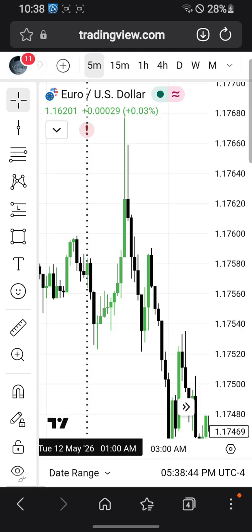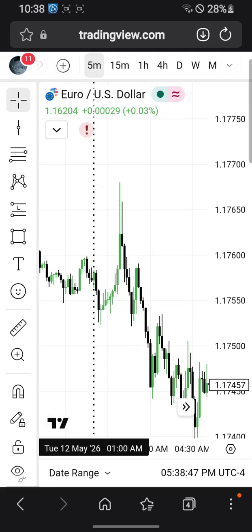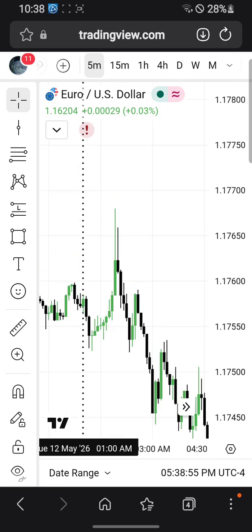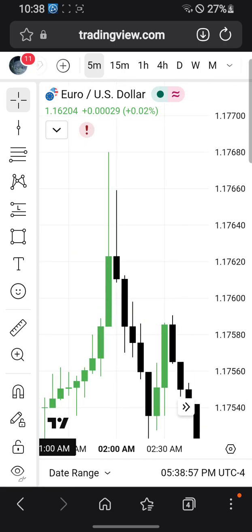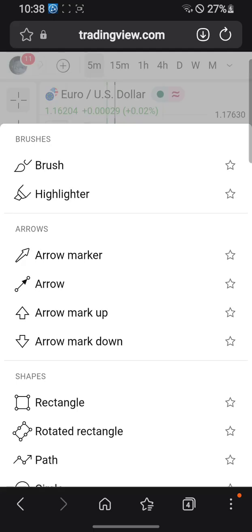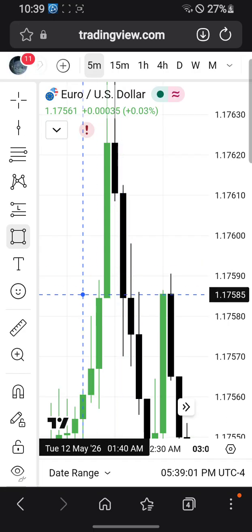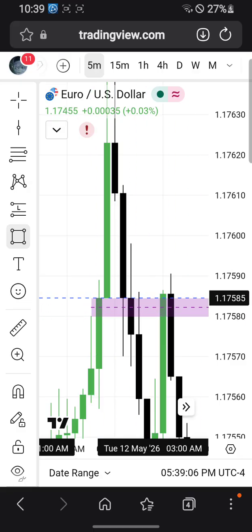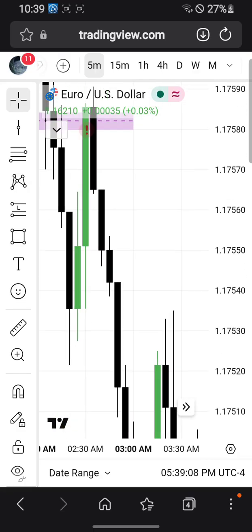You can see I just put the line there now. So when the market opened in London, just like I told you people that sometimes they will not come down before they go up, the market was now going up. When it was going up, it created a bullish fair value gap, just like what happened today that I want to show you people now. It created a bullish fair value gap. That's the fair value gap right there.